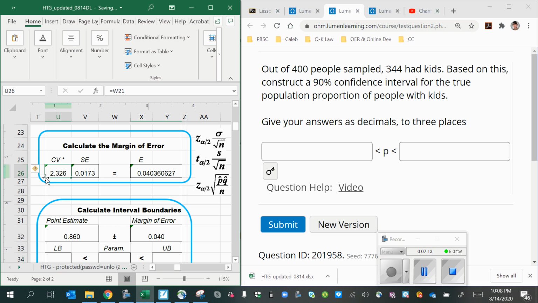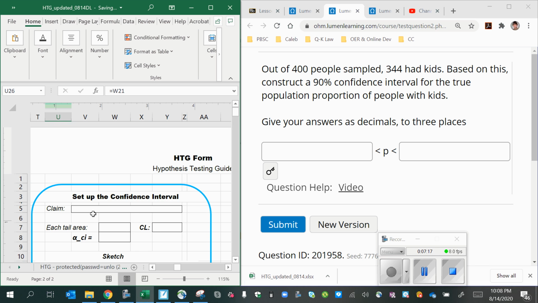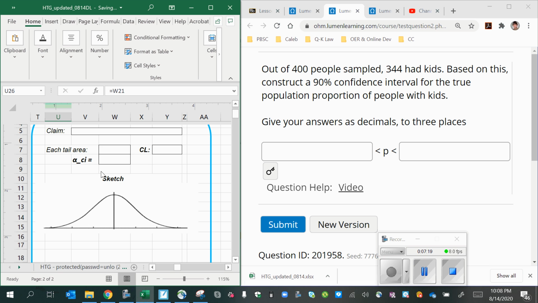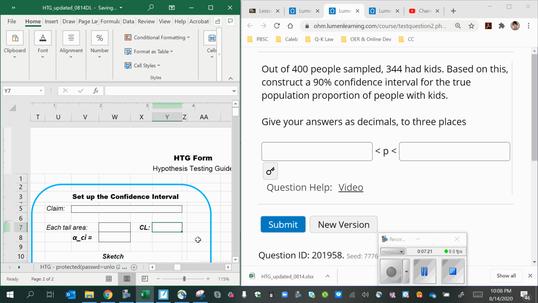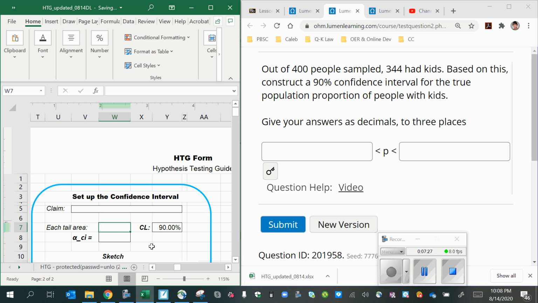Then also my critical value will change because I have a different confidence level. Here my confidence level is 0.9, and my total area in both tails together would be 1 minus the confidence level, 0.1. So the area in each tail would be half of that since it's two-tailed.